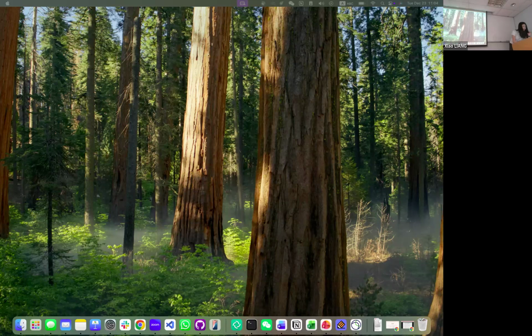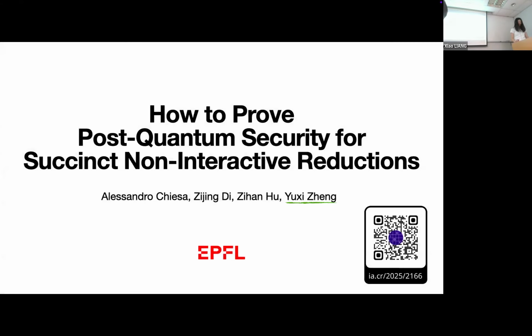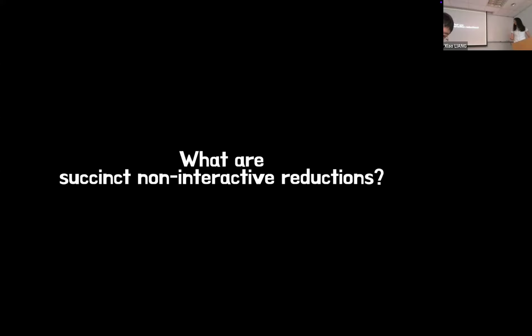So, oh, okay, great. Yeah, and so first of all, what are these objects with really long names? Succinct non-interactive reductions. So before we talk about that, first, maybe let's look at a more well-known object known as succinct non-interactive arguments, or SNARGs.